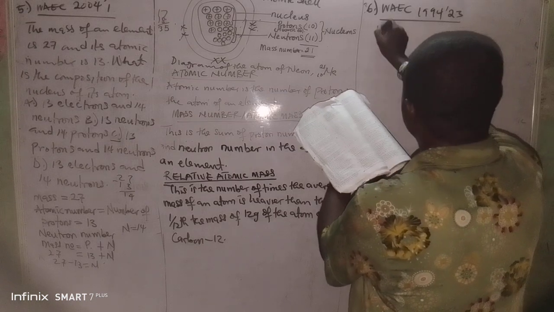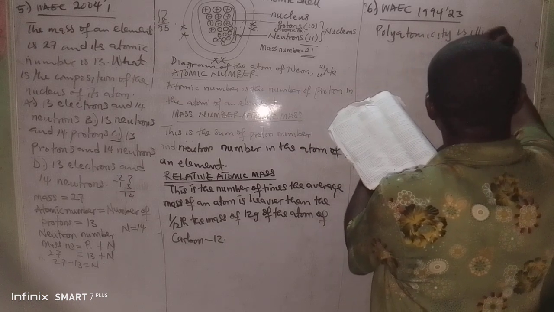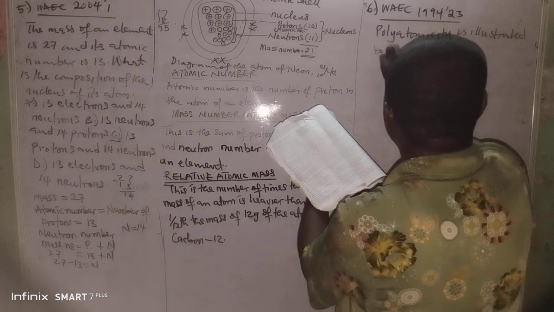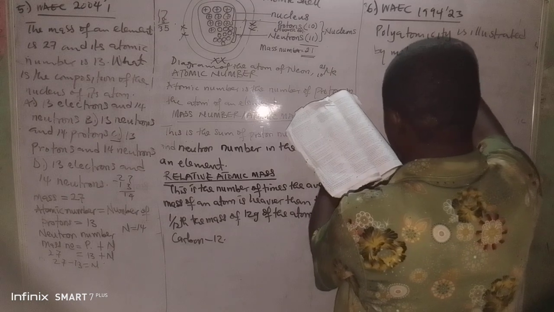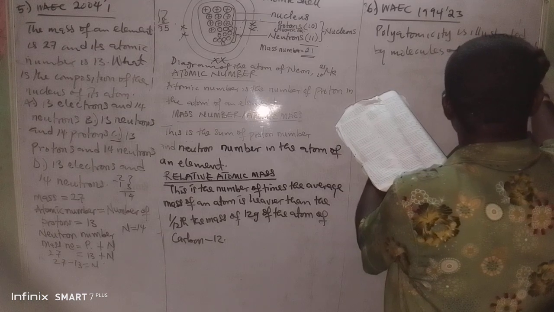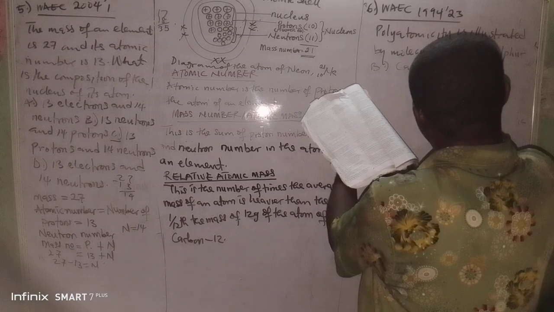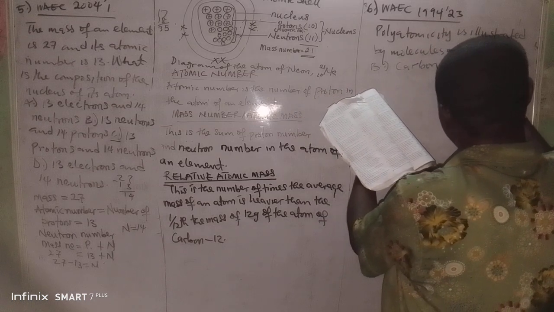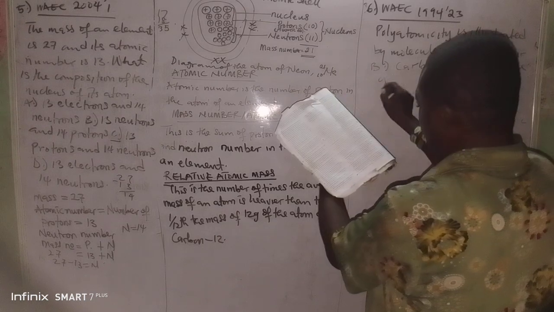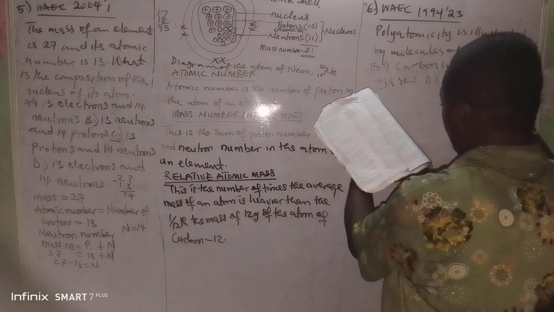It's saying that polyatomicity is illustrated by a molecule of: A, sulfur; B, carbon(IV) oxide; C, noble gas; D, liquefied oxygen.